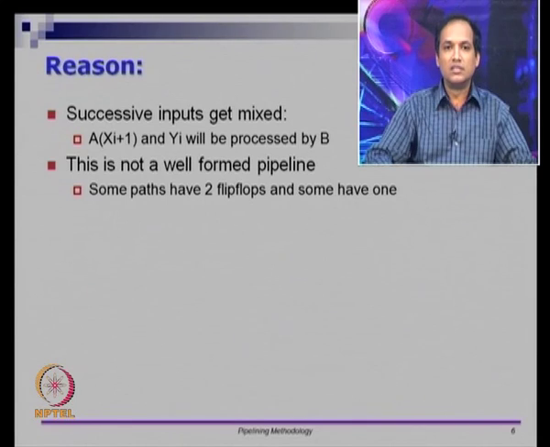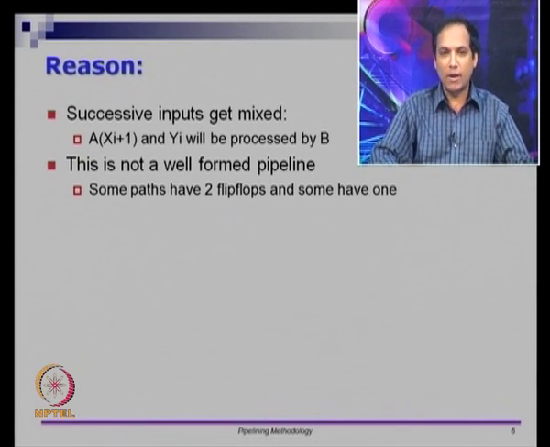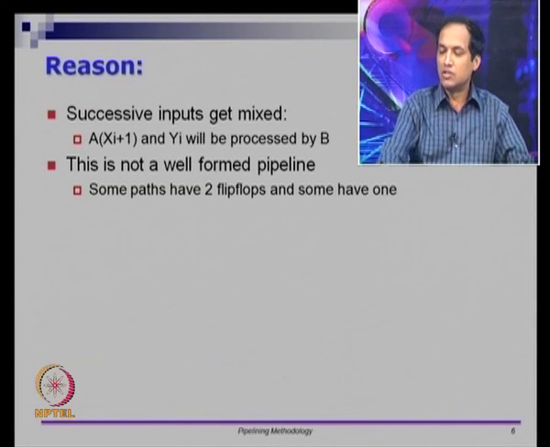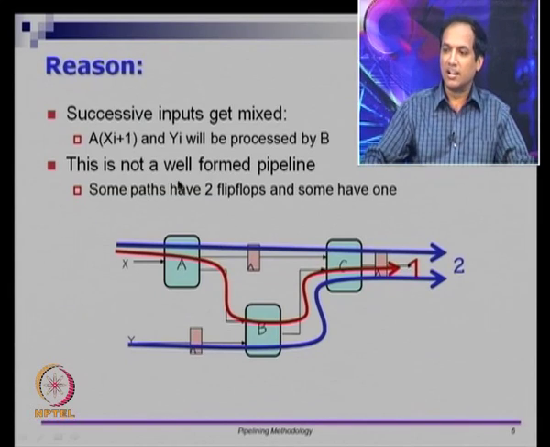The reason why it is called a bad pipeline or an ill formed pipeline is that successive inputs will get mixed. So, if you look at the picture here, A of xi plus 1 comes through here. Let us say if I place xi here, in the next clock cycle it will come here, right.